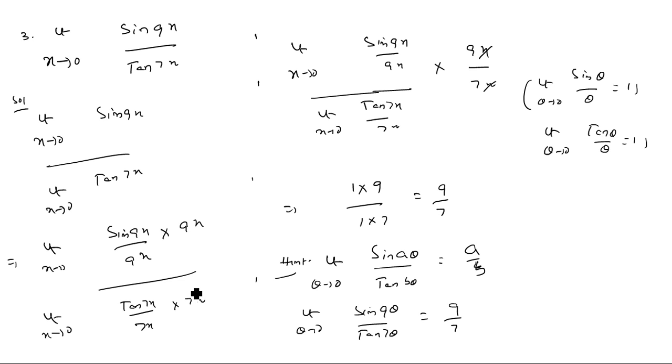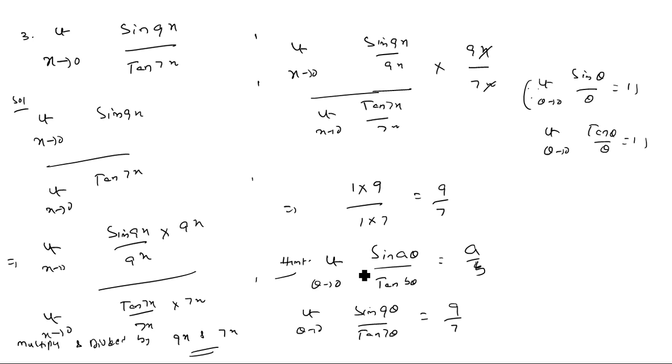Then we simplify. The basic limit theta tends to 0 sin theta by theta is equal to 1, and finally we get 9 by 7. So this is for 3 marks.